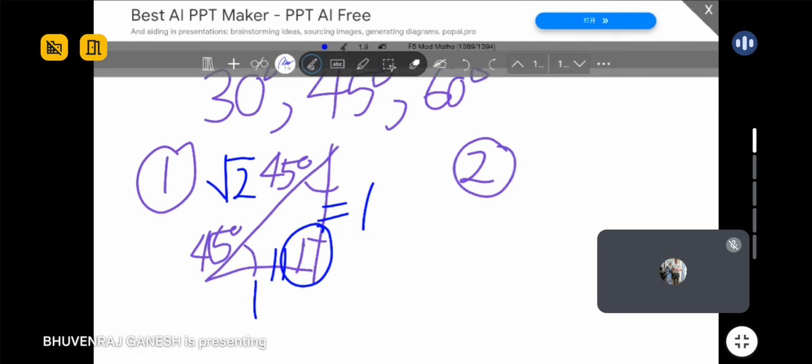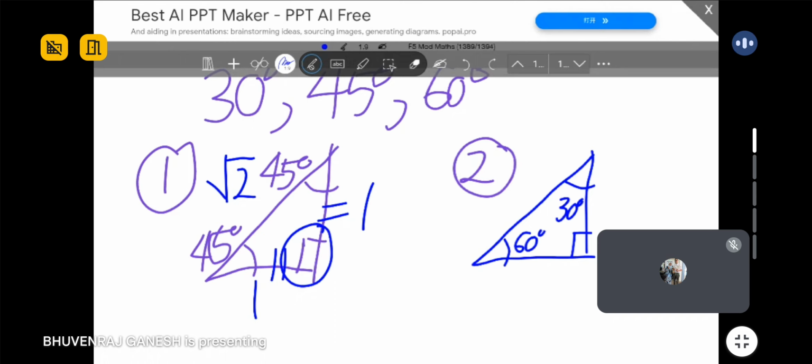Okay, so this is your first type of triangle that you all have. So second type of triangle is basically slightly different. You have something like this. The angle is like this. 90, 60, 30. Okay, ini adalah segitiga yang kedua.